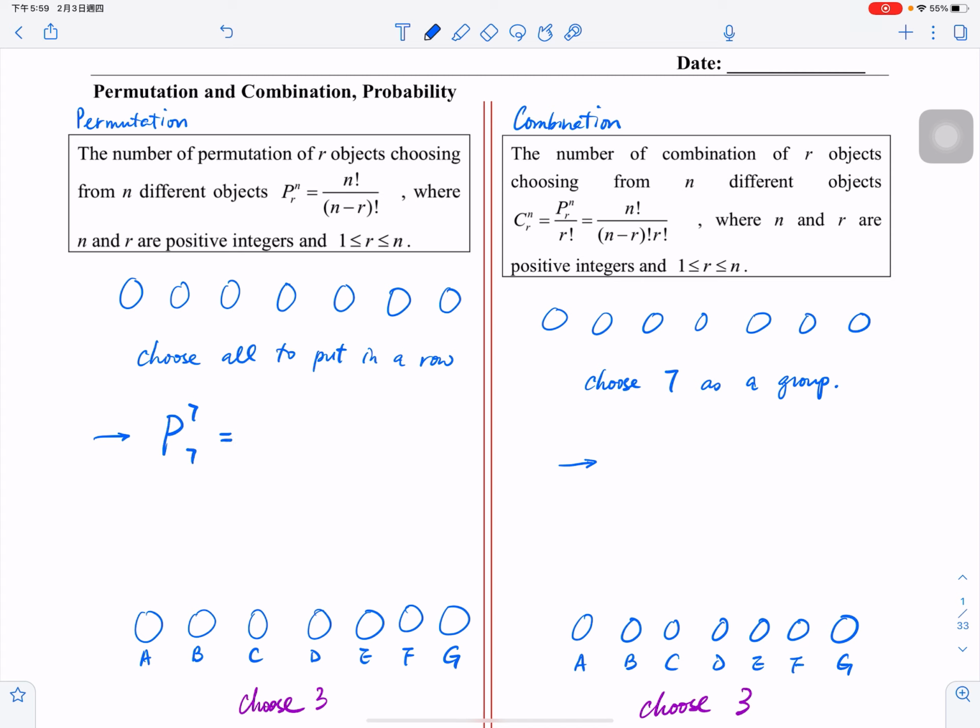So this one is 7 factorial over 7 minus 7 factorial, that means 0 factorial, which is 1. So 7 factorial. If we choose all of them and find different orders, that means the permutation is 7 factorial.